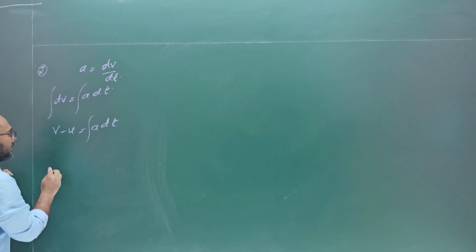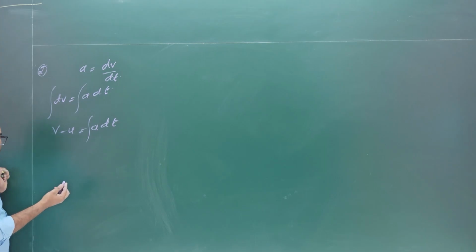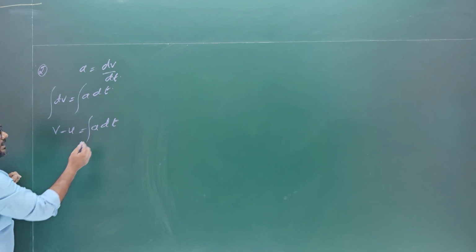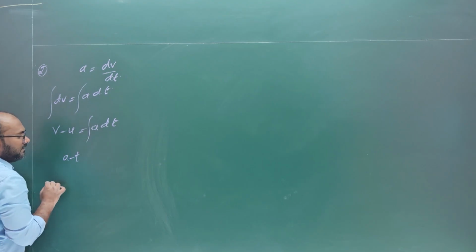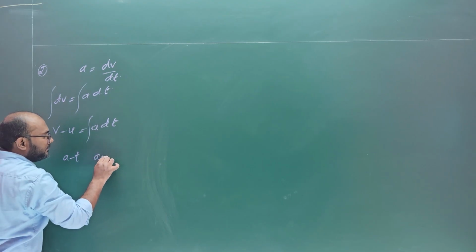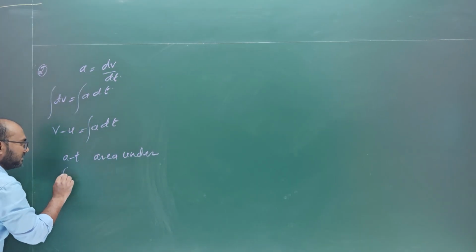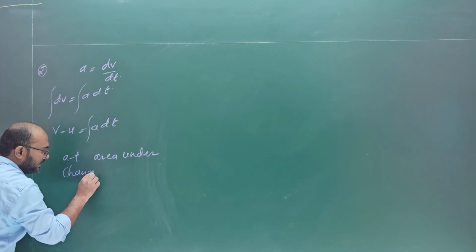So can I say that area under the graph of acceleration and time will provide you velocity? Yes or no? So can I say that the AT graph and the area under it will provide you what? Change in the velocity.